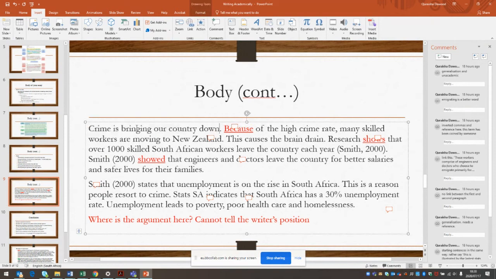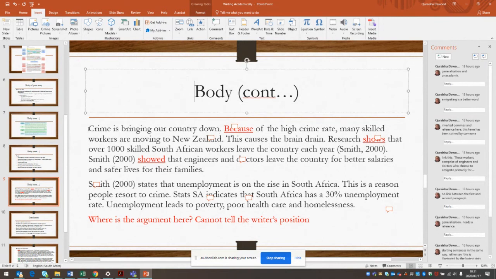What does "bringing our country down" mean? Perhaps you'll have an external examiner sitting in another country who doesn't know what this means. So you'll see here I've written it's a generalization and it's unacademic. When I say unacademic, it means it's colloquial. This is something you would hear somebody saying in a conversation with their friend or their neighbor. It's not something you use in a research paper.